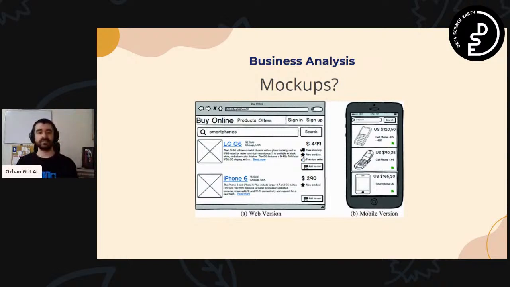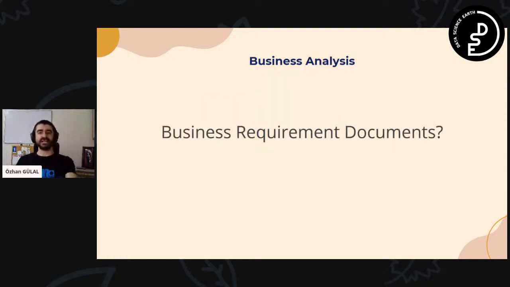Because of this, mockups are a little bit more important than the other stages. You are creating it like that, and the front-end developer gets an idea from these mockups, and they are designing the display or screen. When we total all the stages, there is a business requirement document.